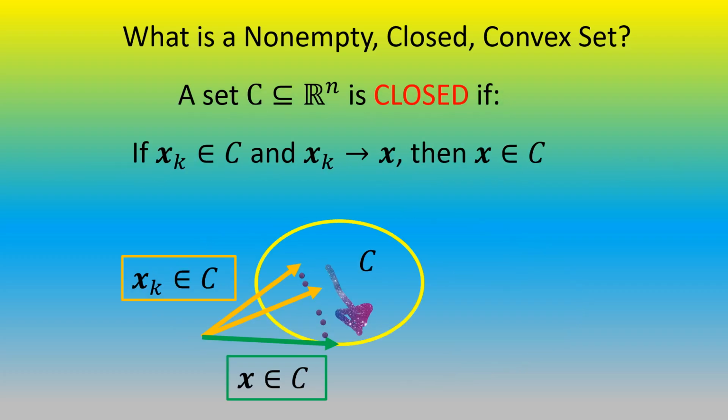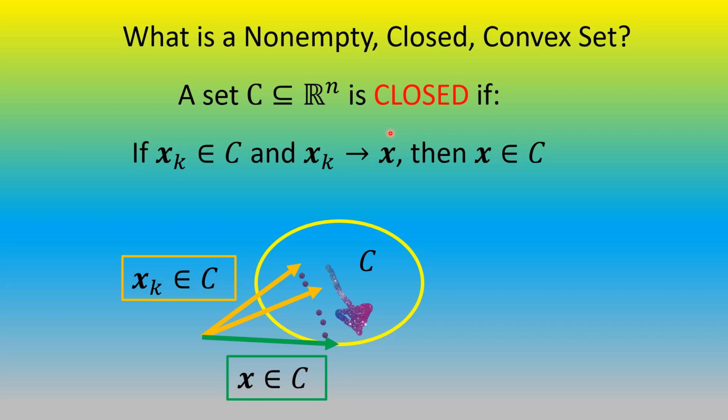That's the definition. So C is closed if you have xk as a member of C and the sequence xk approaches x, then x must also be a member of C. It's a really complex way of saying it, but it basically means if you start with x sub 1 all the way to x sub k, all the way to x, where x is maybe on the boundary, then x is also within C. So basically all points on the boundary are within the set.